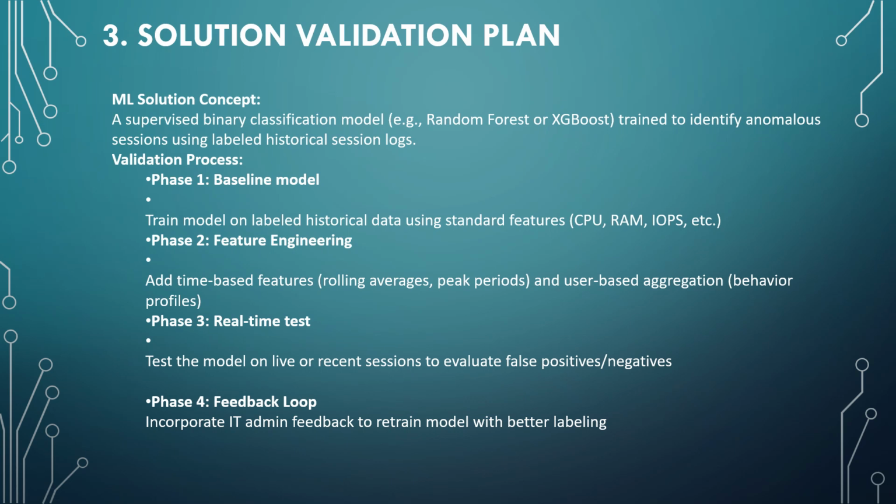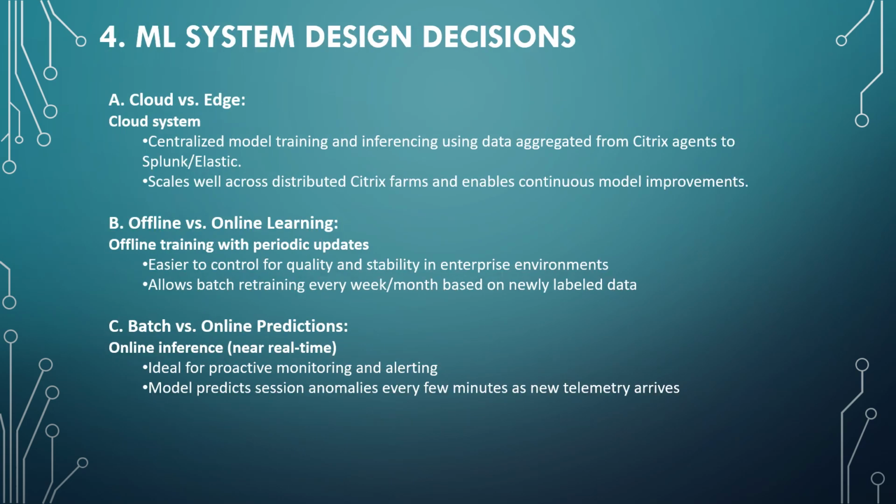And finally, we'll build a feedback loop with IT administrators to confirm whether those anomalies are valid or false positives. That input is going to help improve the model and retrain it over and over again with higher quality labels. So interaction with IT administrators is key for the success of this project.